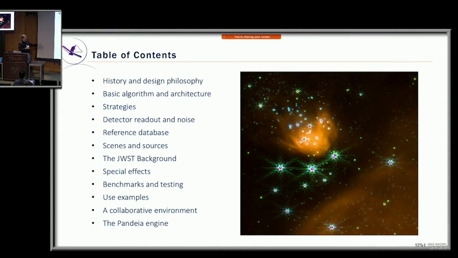We'll discuss the collaborative features in the ETC, and the ways that is related to the underlying algorithm of the engine itself. And finally, I'll talk a little bit about what we call the Pandeia engine, which is a Python module that runs the ETC. So it's something you can download and run with a Python script yourself, say in case you want to do a big parameter exploration using the ETC.